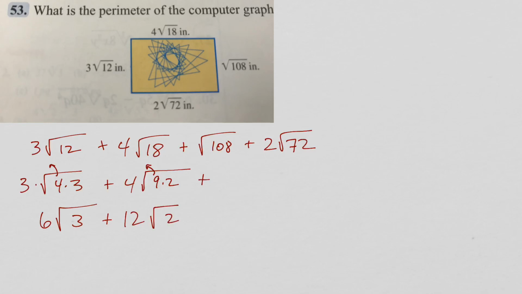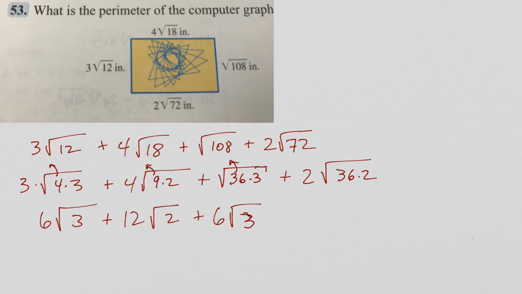Okay, this is 36 times 3. I take out the 36 by square rooting it, it becomes a 6. And finally, this is 36 times 2. I take out the 36, it becomes a 6. I multiply it by the 2 that's out there, and that's a 12, and I'm left with root 2.